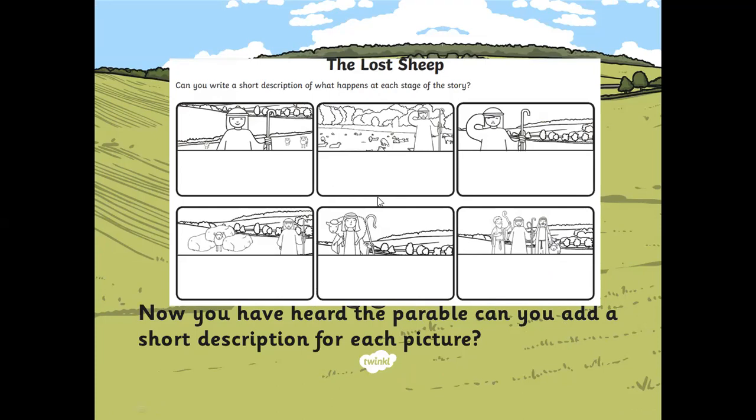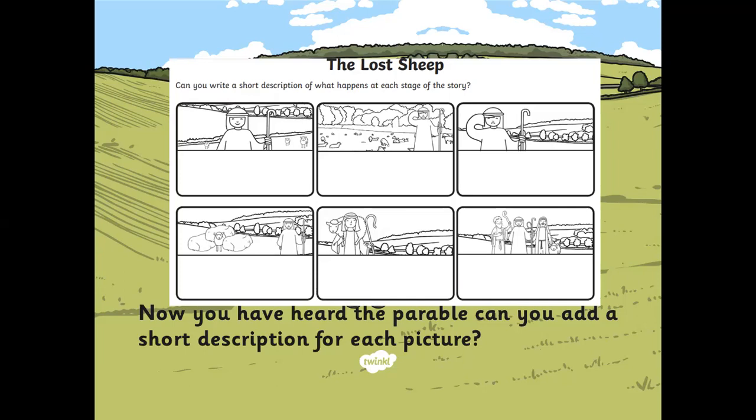And write me a sentence underneath each of the pictures. And then if you want to, you can colour the pictures in, but that's not essential. Okay, so you've heard it and you've written a short description. And then I'd like you to glue that, as always, in the back of your red exercise books that you've been using for homeschooling.